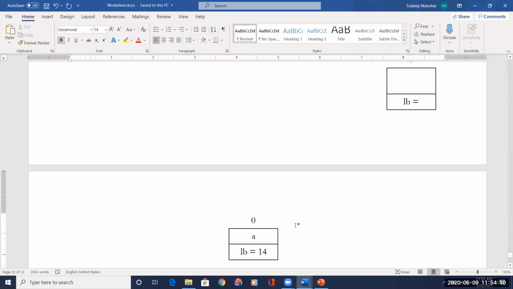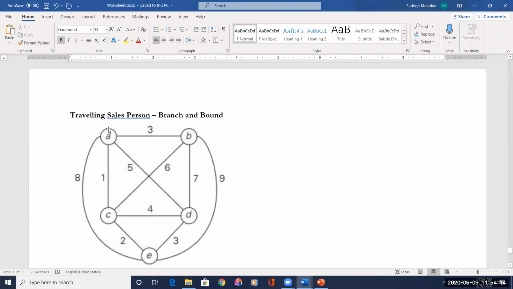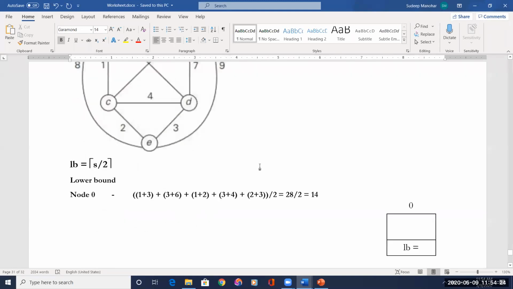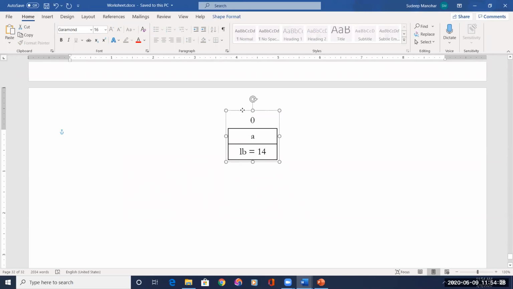Okay. Next, from A, which cities can you reach? You can see you can reach all the cities. There is an edge to B, an edge to D, an edge to C also, and an edge to E also. That means there are 4 children for this node. You can write 4 children for this node.